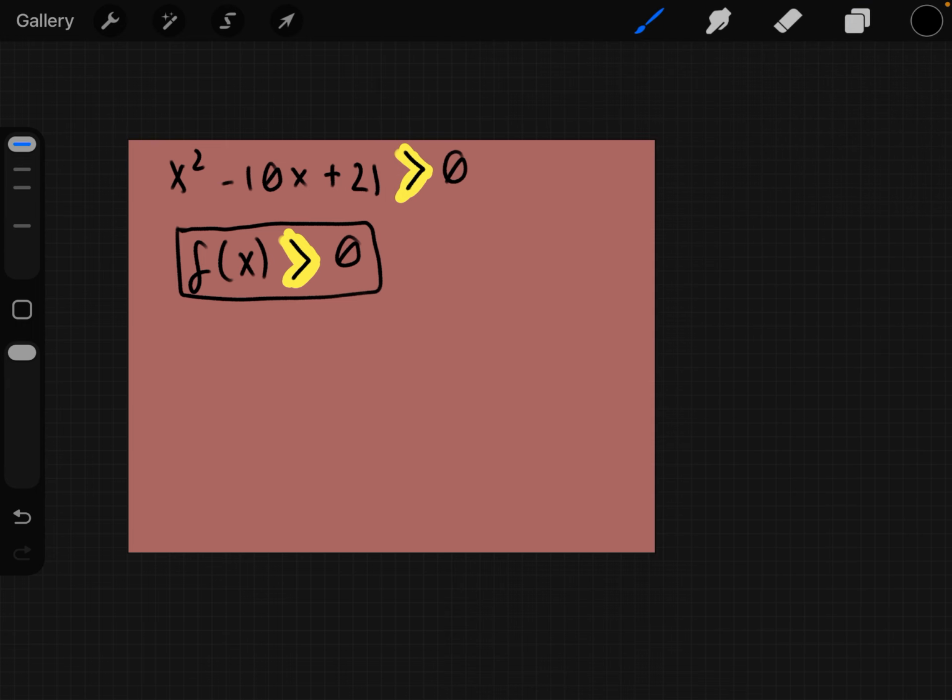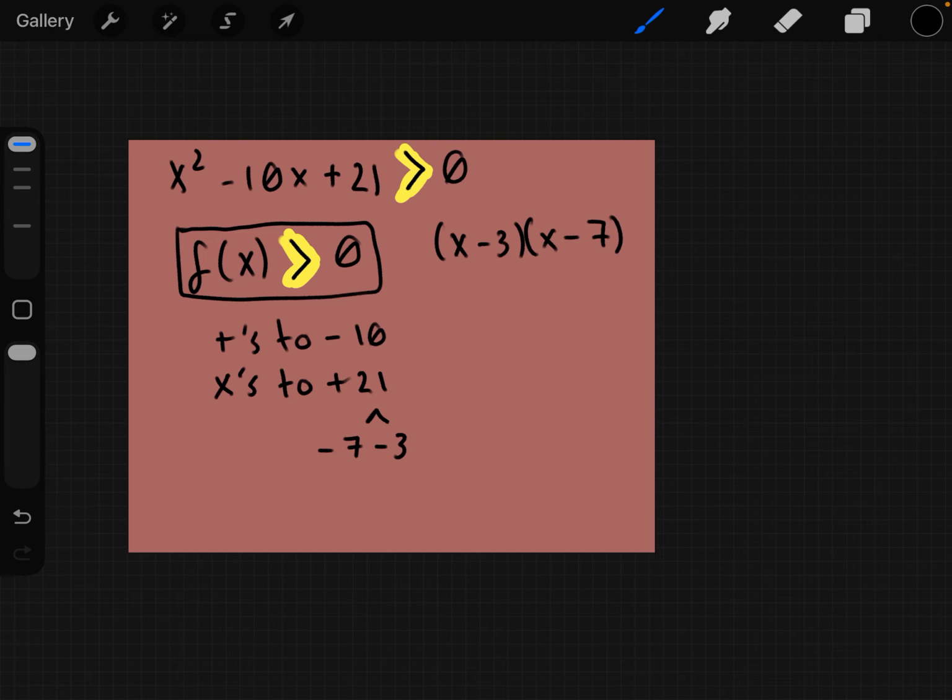Okay, we need to factor, so what adds to the middle value and what multiplies to the first and last. This is 1, so positive 21. I know it's 7 and 3. Got x minus 3. You can do the box if you need to do the box, but I don't need to do the box.